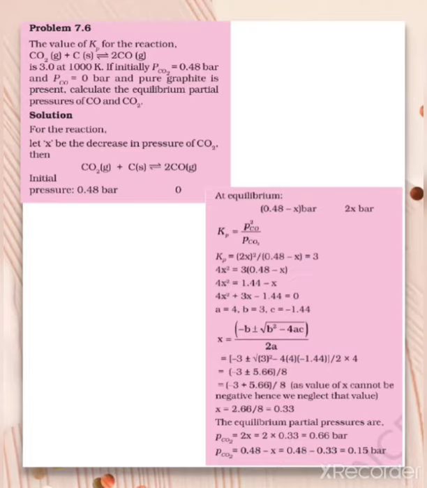So this is the way we solve such a problem. It is important that whenever you are keeping an X, look at the ratio. Here a 1:2 ratio is there. That's why if it is decreased by X, it should be increased by 2 times X. So this is the problem 7.6.